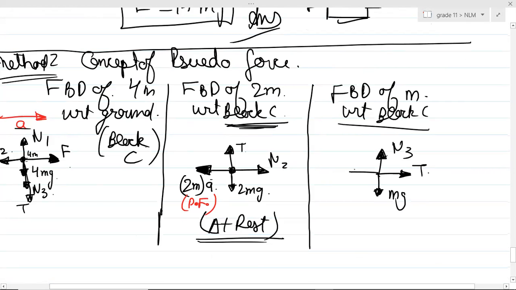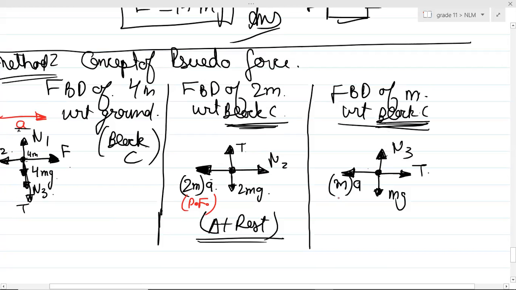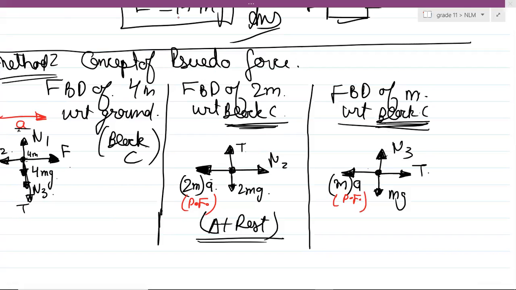Now there will again be a pseudo force, because we are observing with respect to block C. On block A the pseudo force will be the mass of the block multiplied by the acceleration, that is MA, and this whole thing is at rest.